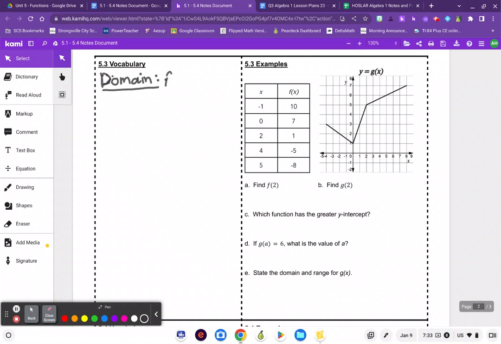So we're going to say all values of x the function uses. Except I can't spell uses, my apologies.